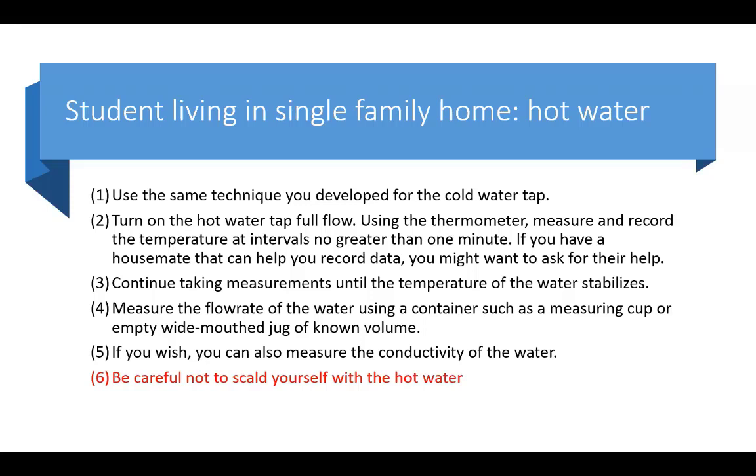Do the cold water first, and then do the hot water. You're going to monitor that temperature until the hot water temperature stabilizes. You don't have to measure conductivity, but since you've got the probe, you can also measure conductivity and see if the conductivity changes.